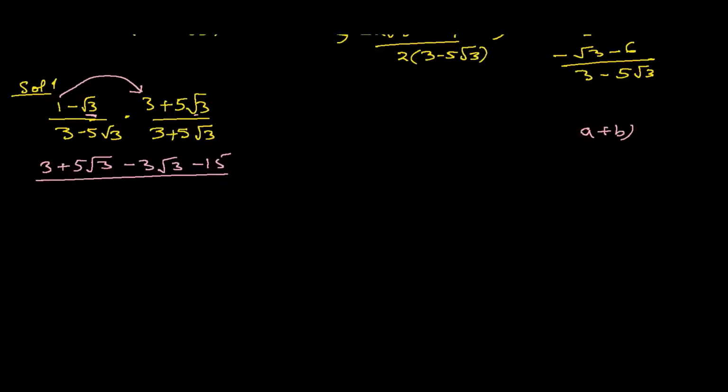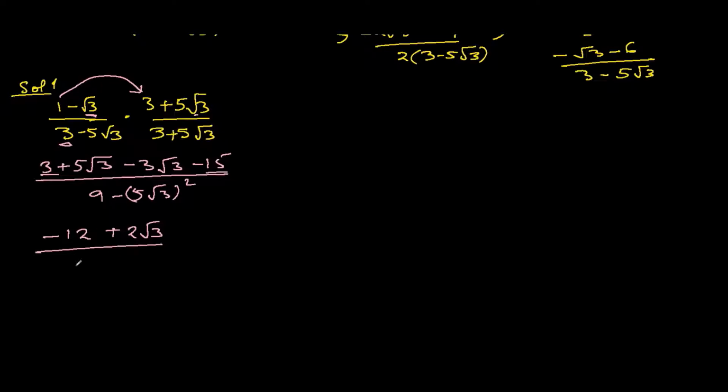Okay, so you can just use these. So it will be 3 square, which is 9, minus (5 square root 3) square. Okay, so 3 plus minus 15 is minus 12. 5 square root 3 minus 3 square root 3 is 2 square root 3.